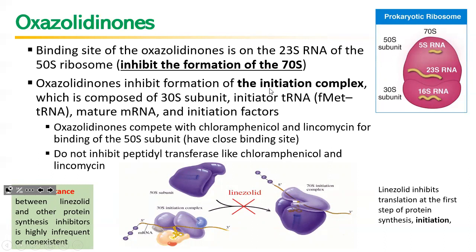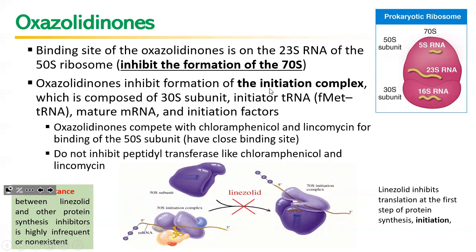The ribosome will be assembled from the 50S subunit and the 30S subunit. Now, what will happen with linezolid? It will inhibit this process. There we have what we call the initiation complex, which consists of the 30S subunit, the initiator RNA, the messenger RNA, and initiation factors.